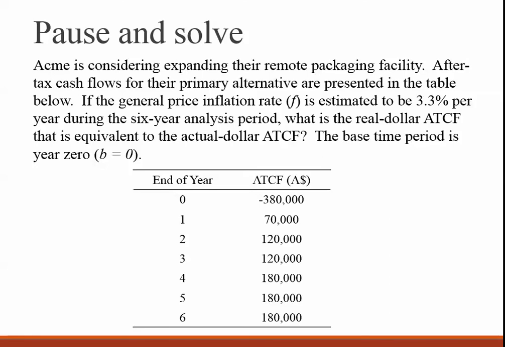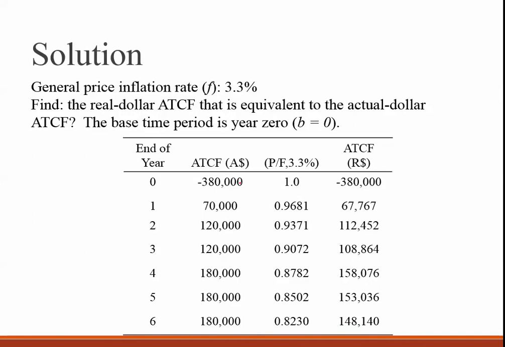So how are we going to solve this? What we need to do is convert this to real dollars by taking it back a certain number of years. So here I have how this works. You see, this was what I had before, and this is now.